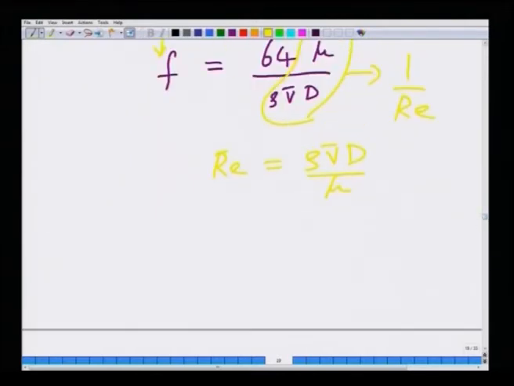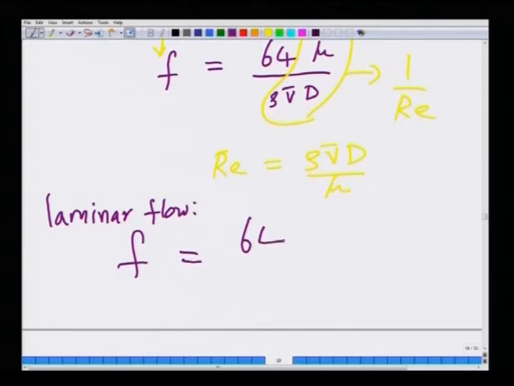So, the Darcy friction factor for laminar flow is nothing but 64 by Re. So, this is an important result.